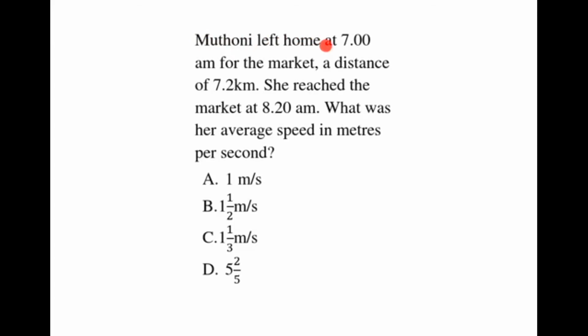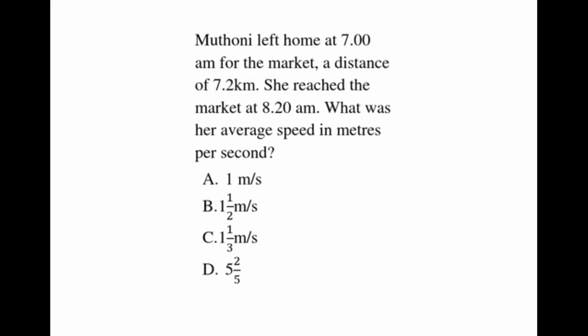Muthoni left home at 7 a.m. for the market, a distance of 7.2 kilometers. She reached the market at 8:20 a.m. What was her average speed in meters per second? Let us analyze the question first. The time Muthoni left home was 7 a.m. The distance to the market is 7.2 kilometers.